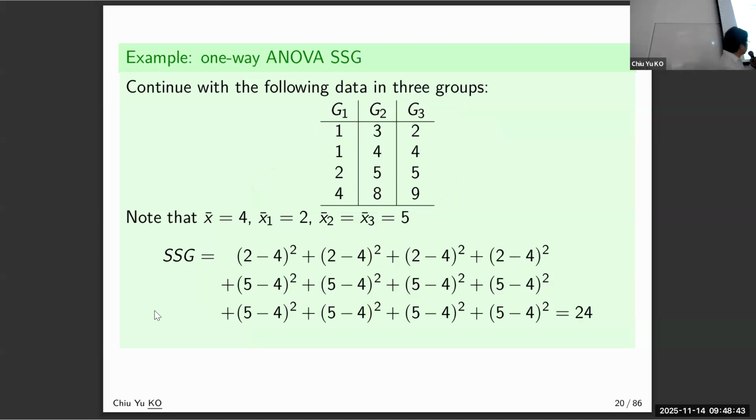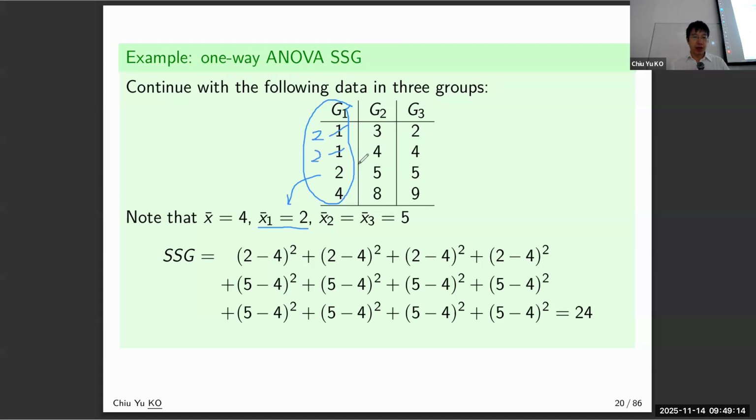The second slide tells you the SSG. How are you going to get the SSG? Again, what you do is look at group 1. What is the mean in this one? The mean will be 2, adding up all the things divided by 4. And instead of looking at 1, 1, 2, 4, you replace everything by 2.